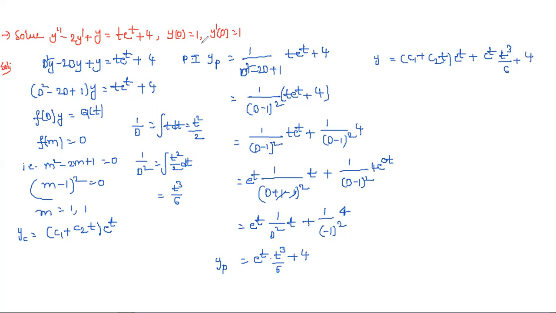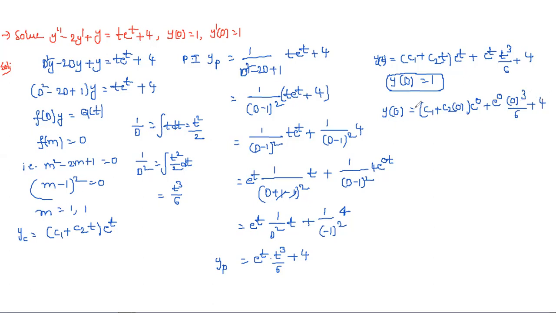Now we need to use the conditions. So first, y of 0 is equal to 1. First condition we are taking. So obviously this is in the form of t. Now you can substitute in place of t as 0. What will we get? c1 plus c2 into 0 into e power 0 plus e power 0 into (0 cube by 6 plus 4).